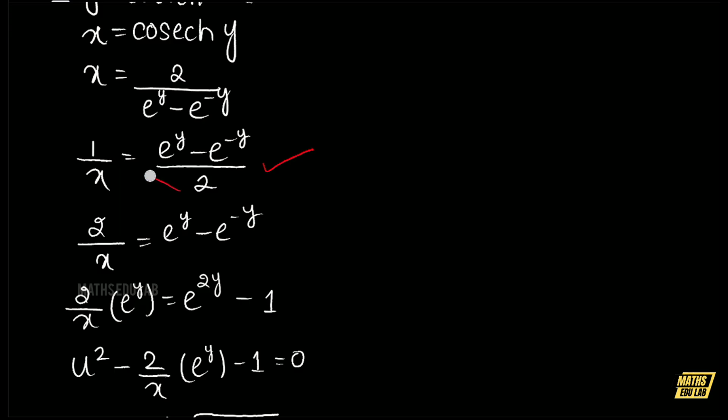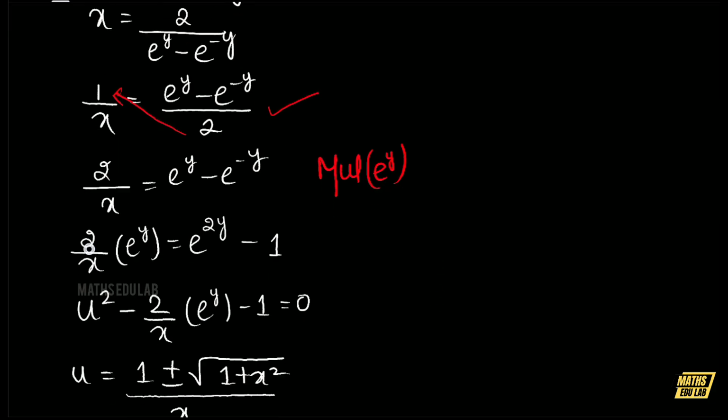Then just multiply this value to the other side, then we can write it as 2 upon x equals e to the power of y minus e to the power of minus y. Again in this step we have to multiply e to the power of y on both sides. Then we get 2 by x e to the power of y equals e to the power of 2y minus 1. As we have done in the previous question, the same step has to be followed here.